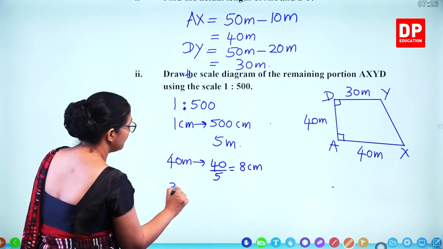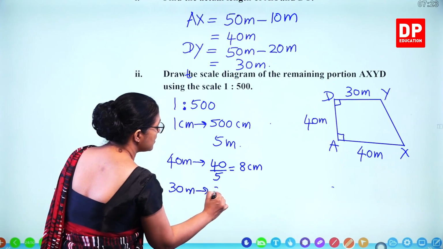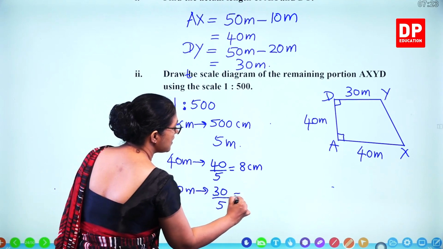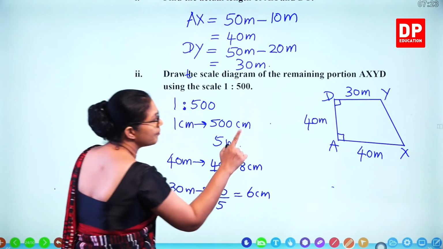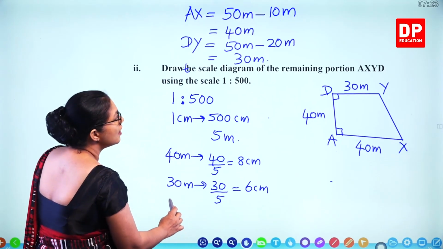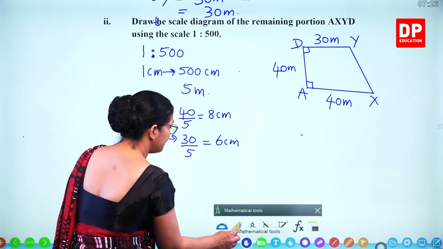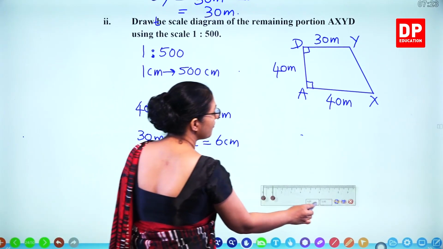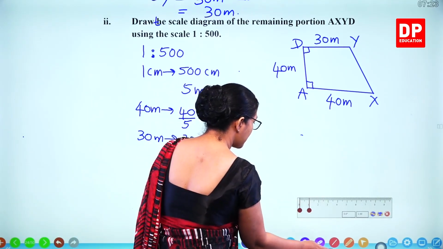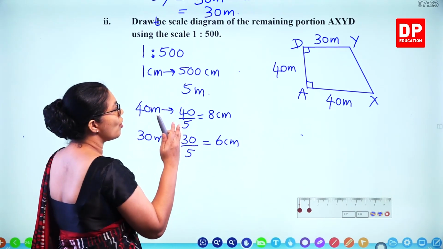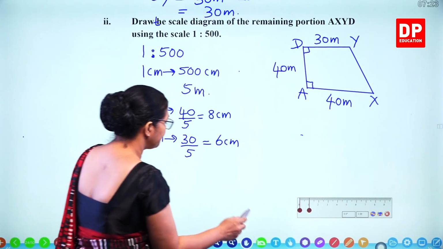For 30, you have to take 30 divided by 5, that's 6 centimeters. So we'll take those. You have to use the ruler, and we'll take a set square to draw the perpendicular lines.